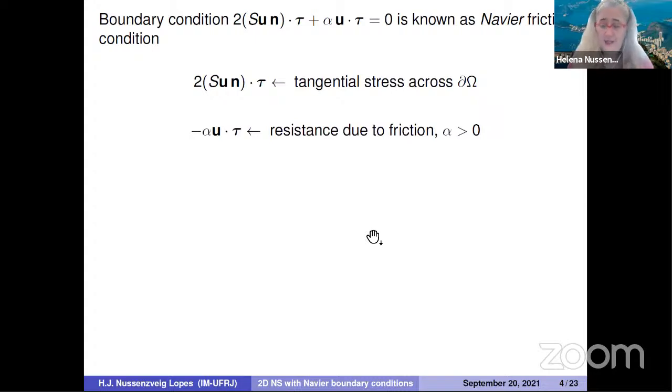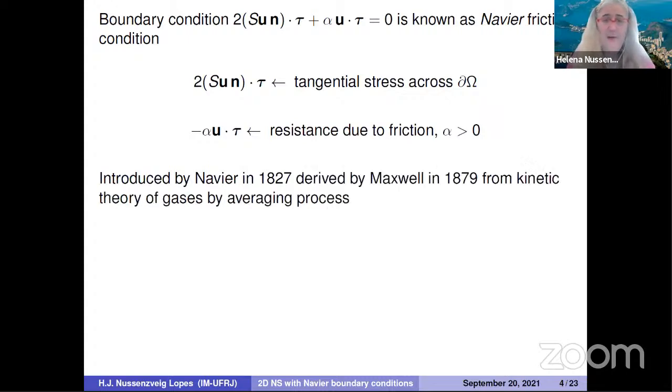So this condition was introduced originally by Navier himself in 1827, and it was later derived by Maxwell in 1879 from the kinetic theory of gases by an averaging process.